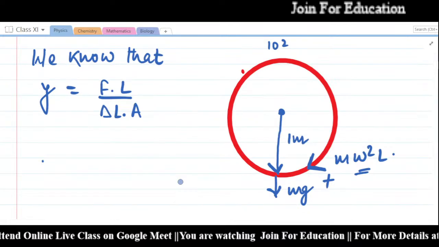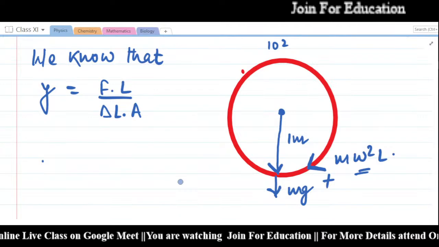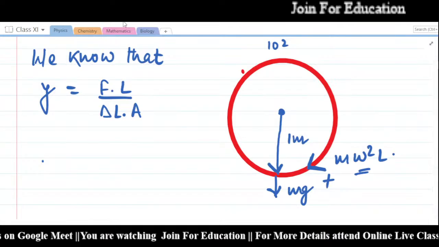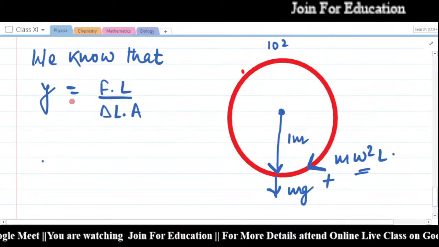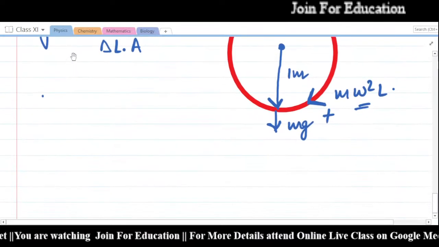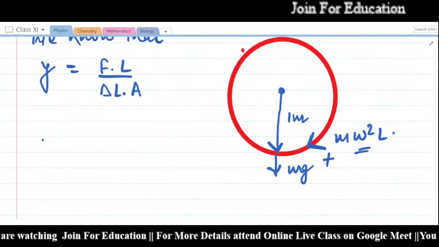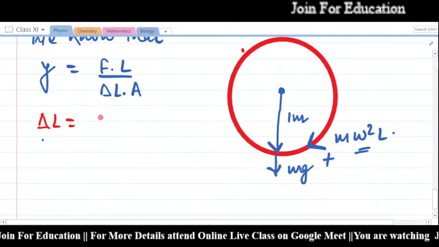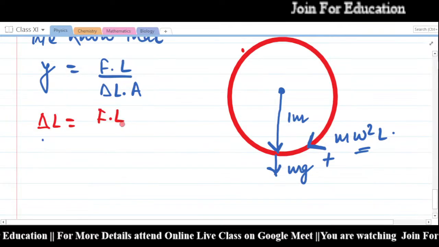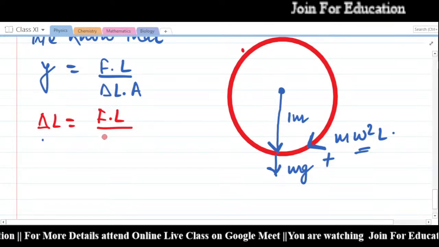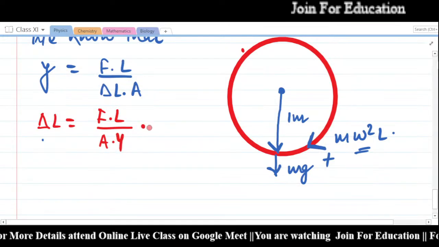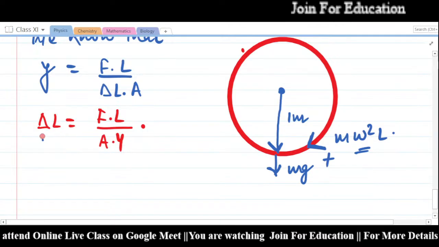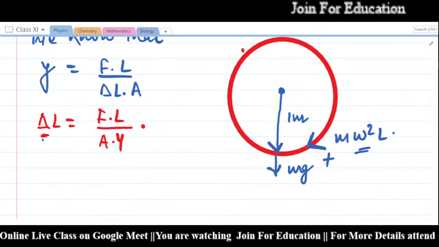This question asks us what is the value of del L. So del L equal to F into L by A into Y. So this formula will be used to find out the value of del L. So we write down here.